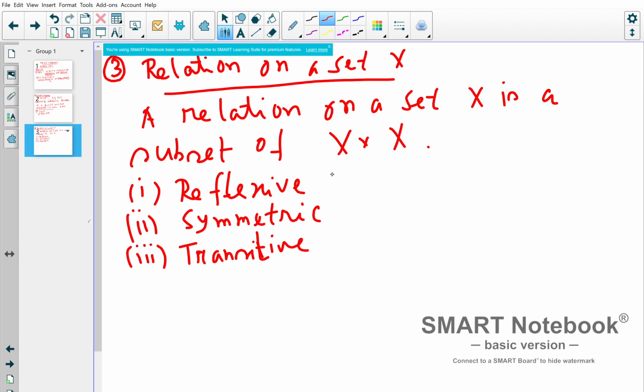If a relation satisfies all three properties, then it is called an equivalence relation.